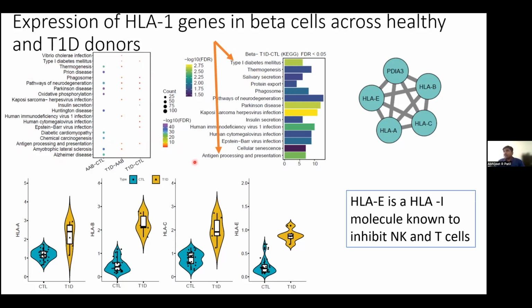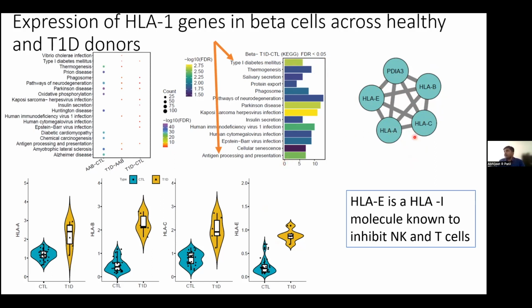Next, we looked into the beta cell comparison of type 1D versus control, and we saw that type 1D and antigen processing and presentation were highly enriched again. So we checked the genes involved in this pathway, and we found this particular cluster, which we got from a method called ENCODE in Cytoscape, a protein-protein interaction network. So we found these particular genes that were involved in this pathway and also in this pathway.